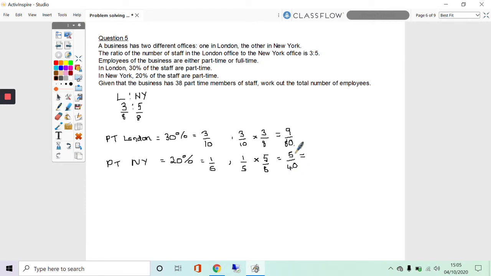And if I change that so that it also has a denominator of 80, that's going to give me 10/80. So the total fraction of staff that are part-time is going to be 9/80, add 10/80, which is 19/80.